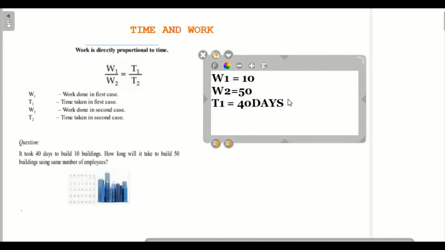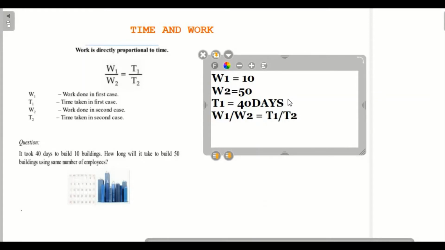So here we have the formula. W1 by W2, the work done in the first case by the work done in the second case, is equal to T1 by T2, the time taken in the first case by the time taken in the second case.